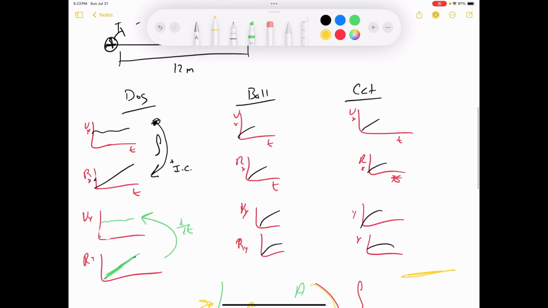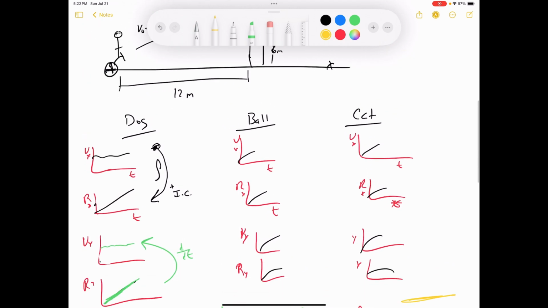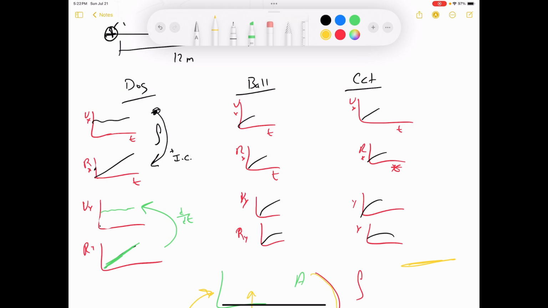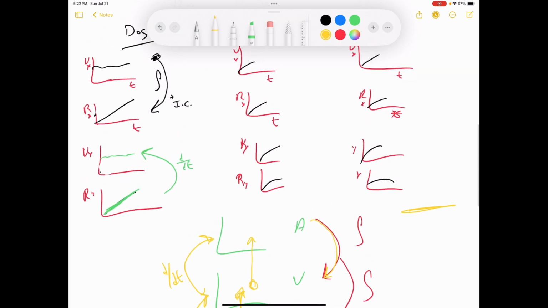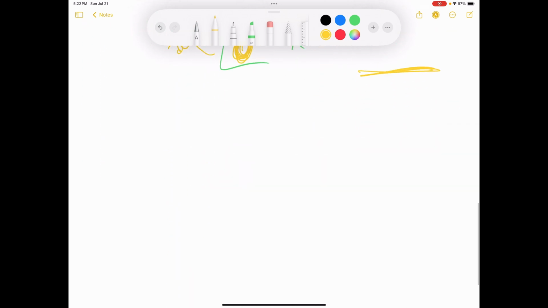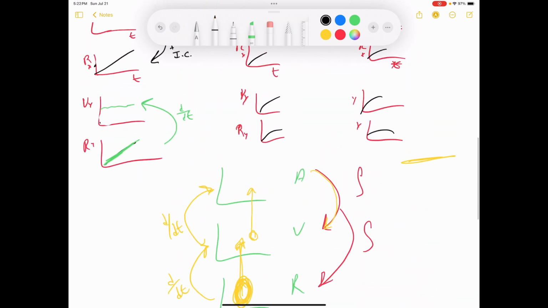So you need to read the problem, sketch it out, draw your different graphs, and then you're like, how am I going to draw the different graphs? Well, the problem will tell you some of it, but then you're going to have to use algebra, trigonometry, derivatives, or integration to figure out how to create all these graphs. And then once you have that, let's say you're looking right here and you just want to know what the value is here.